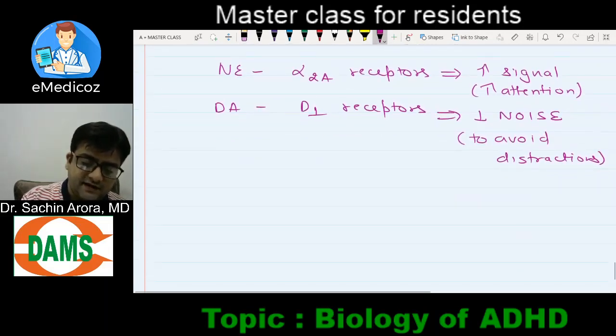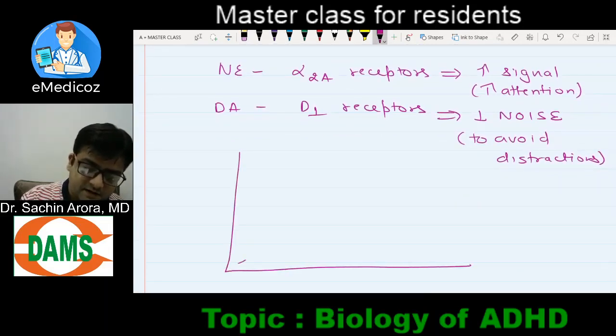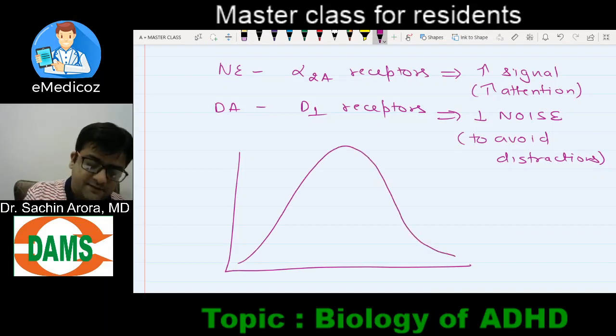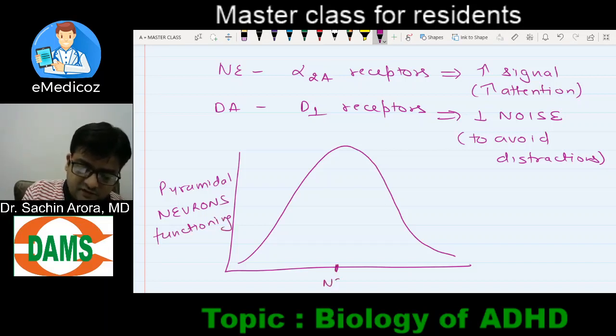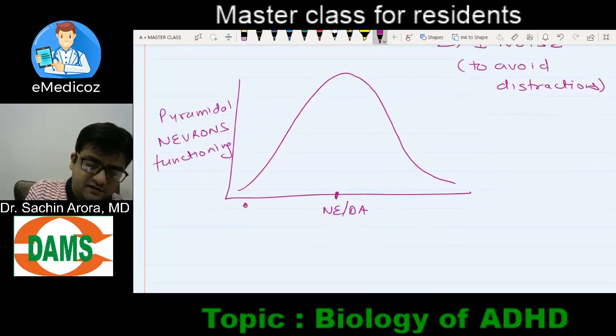Hence, we say that for pyramidal neurons functioning, we have to have optimal norepinephrine and dopamine.